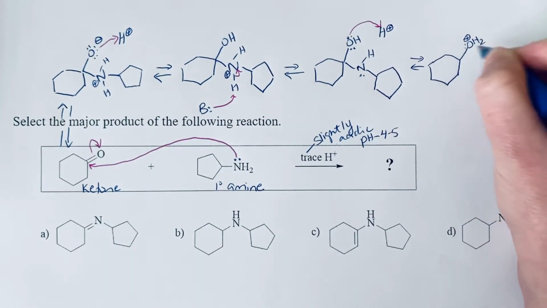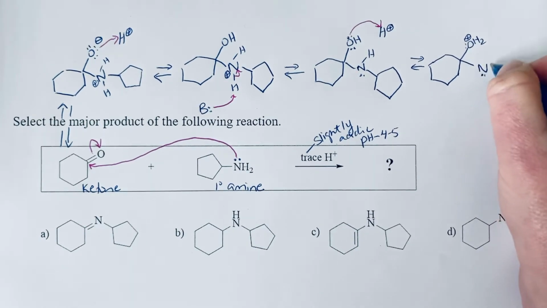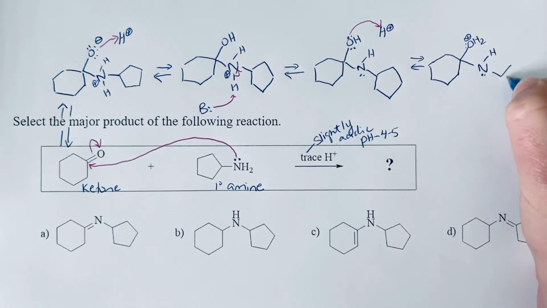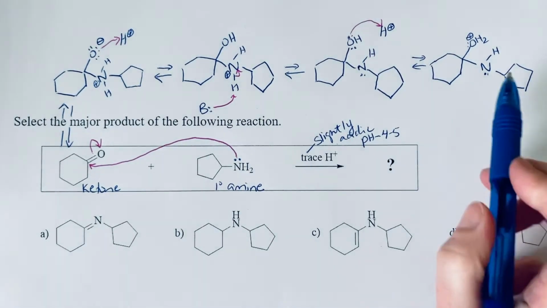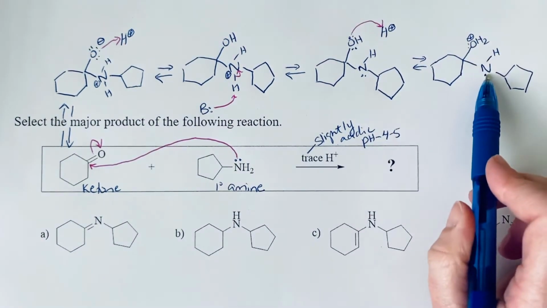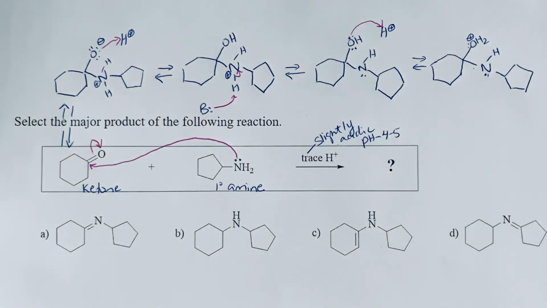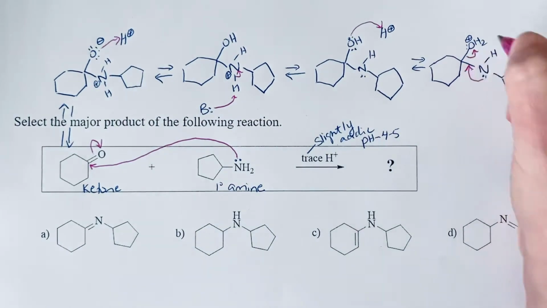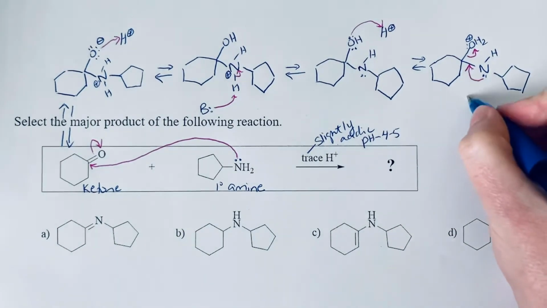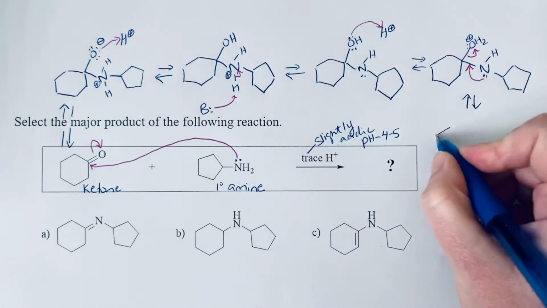So we have this protonated, and so what we've got here now is something that's going to get us to looking much closer to what the actual product is going to be. So what happens here is we've made a good leaving group, and we've got this lone pair of electrons on the nitrogen that can help push that off. So we're going to do this. And so now we're getting to something that looks a lot like the final product.